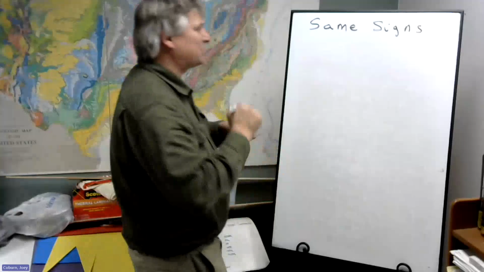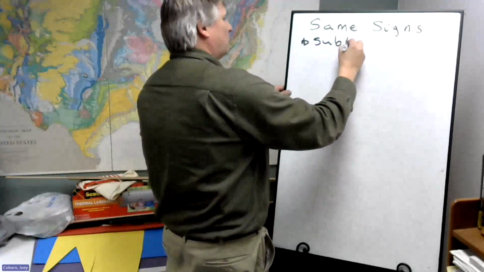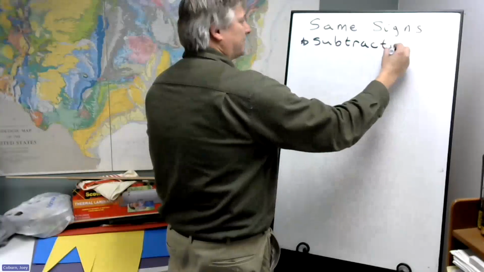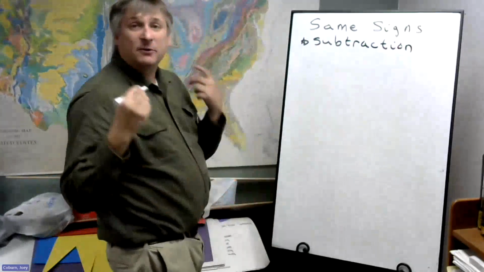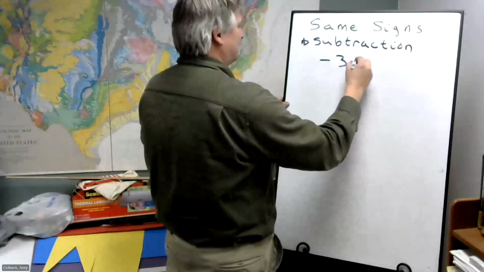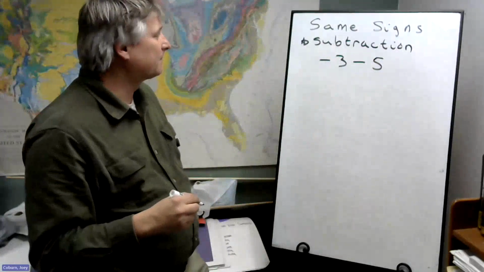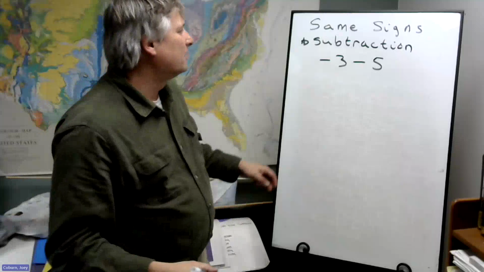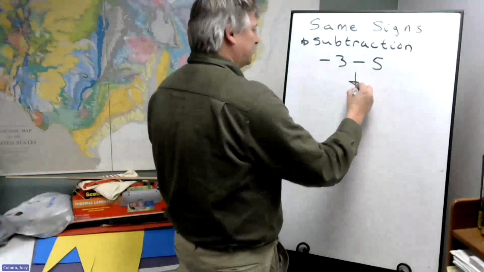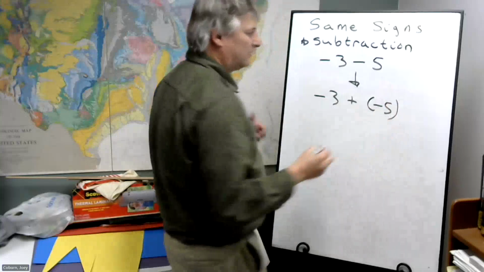Now, we can do something like this, though. There's a special case with subtraction. We'll talk about this more later. But if you had something like this, -3 subtract 5, with subtraction we can convert it first to addition, like so.